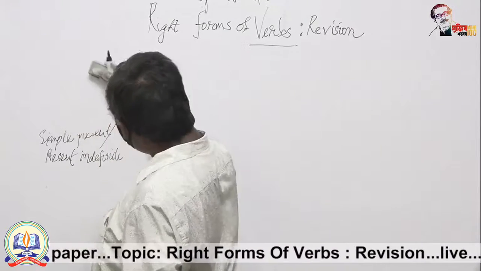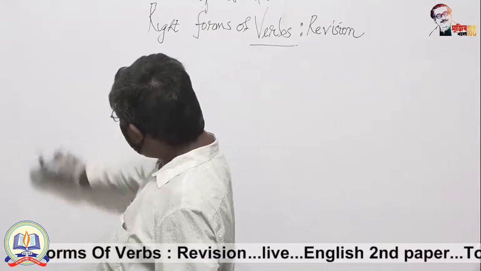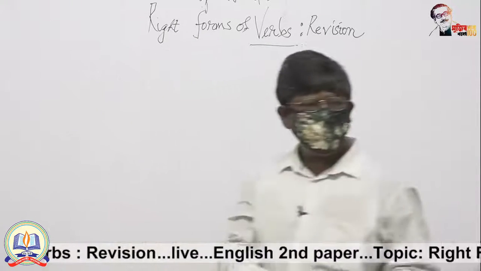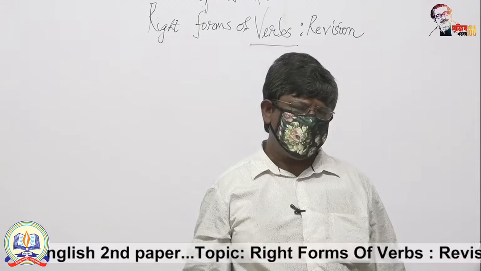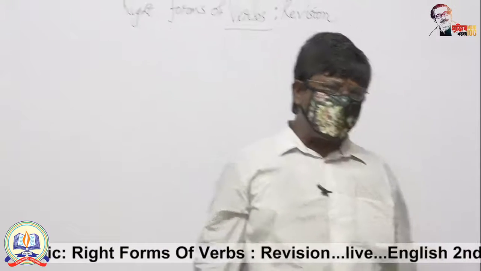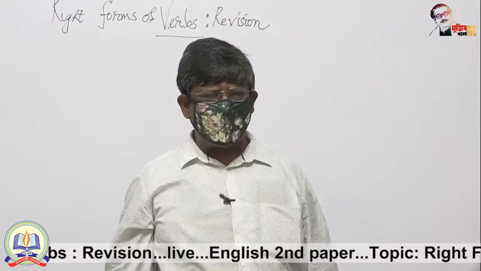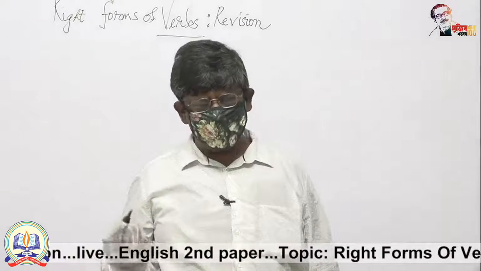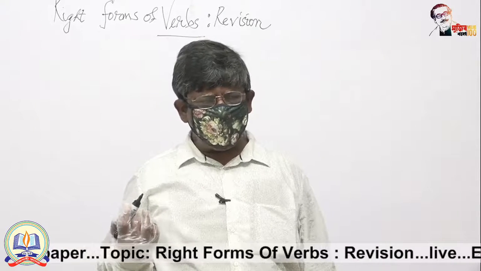We have another variation. The variation is that sometimes we have some finite verbs, transitive verbs. What are the transitive verbs? The verbs which usually take an object, the verbs which always take an object. They are called transitive verbs.